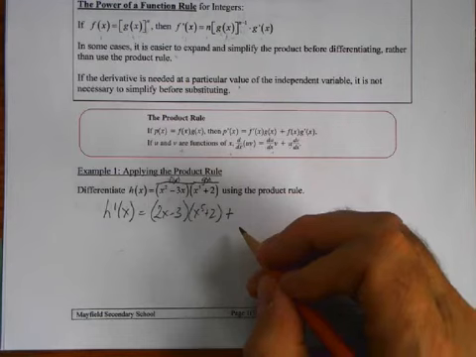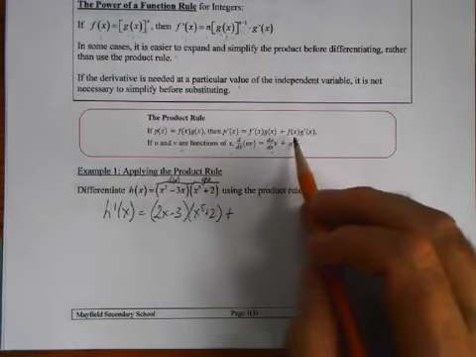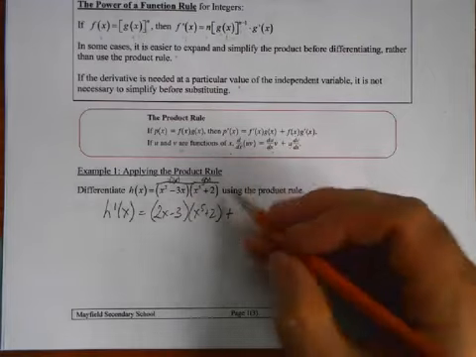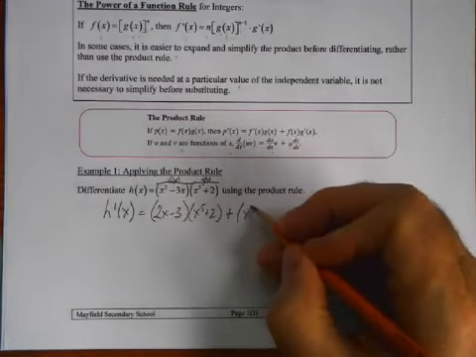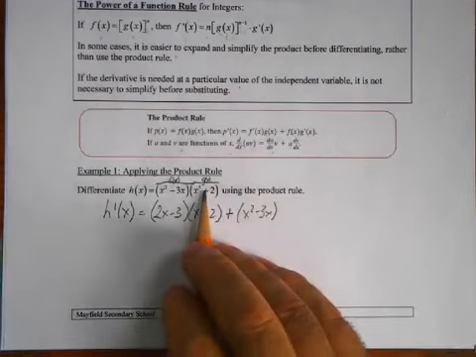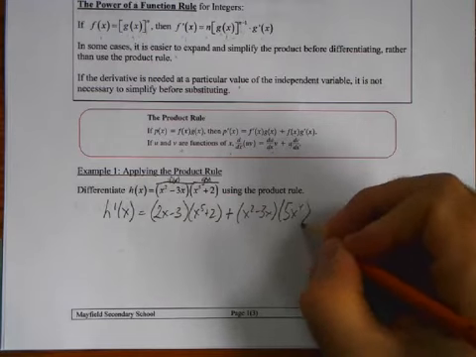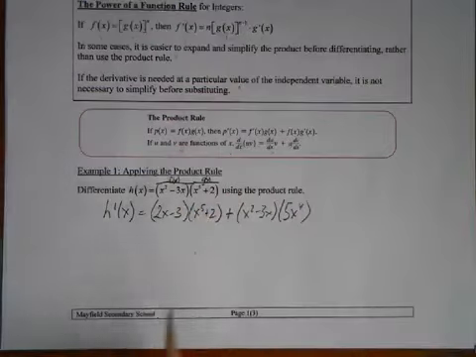And then we add the product of f, so that's x squared minus 3x, times the derivative of g of x, so that's 5x to the 4th. I'm not going to spend a lot of time on these derivatives, you should know those.